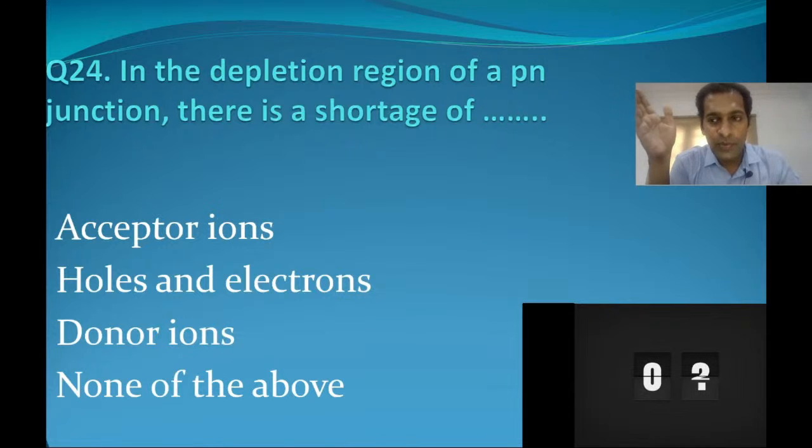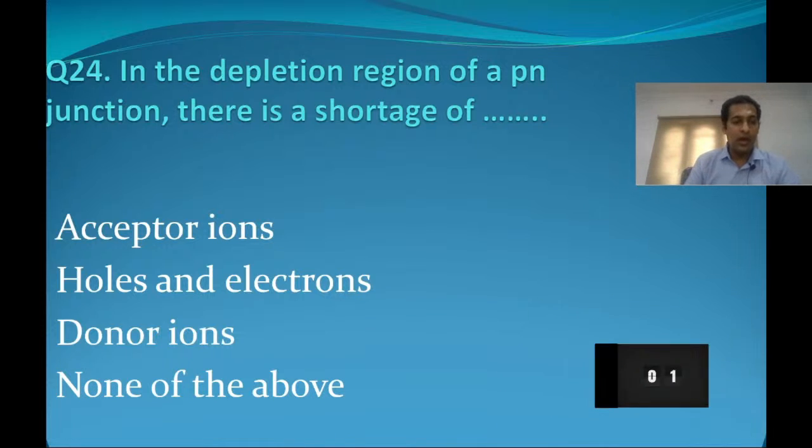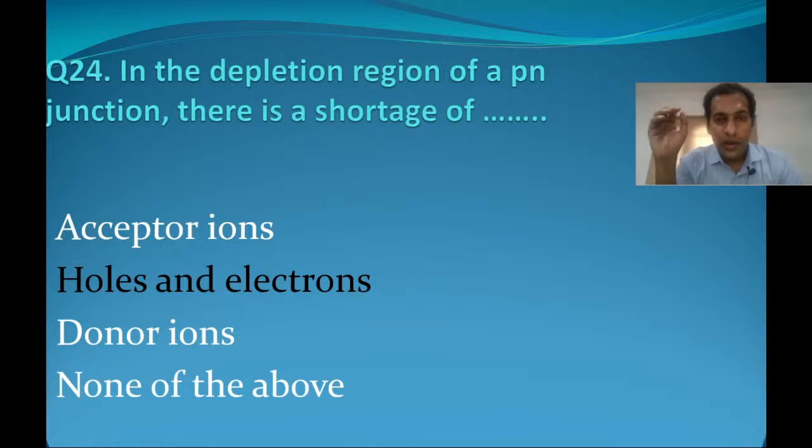Around that junction, electrons and holes get attracted towards each other due to nature's law of attraction. Then they become immobile ions. So what is the shortage there? The time ends now. The answer is holes and electrons. In a depletion region they become like a wall and become immobile ions. They stop the further movement of electrons and holes. You can watch it in the semiconductor part 1, 2 and PN junctions. So there are no electrons and holes in the depletion region.